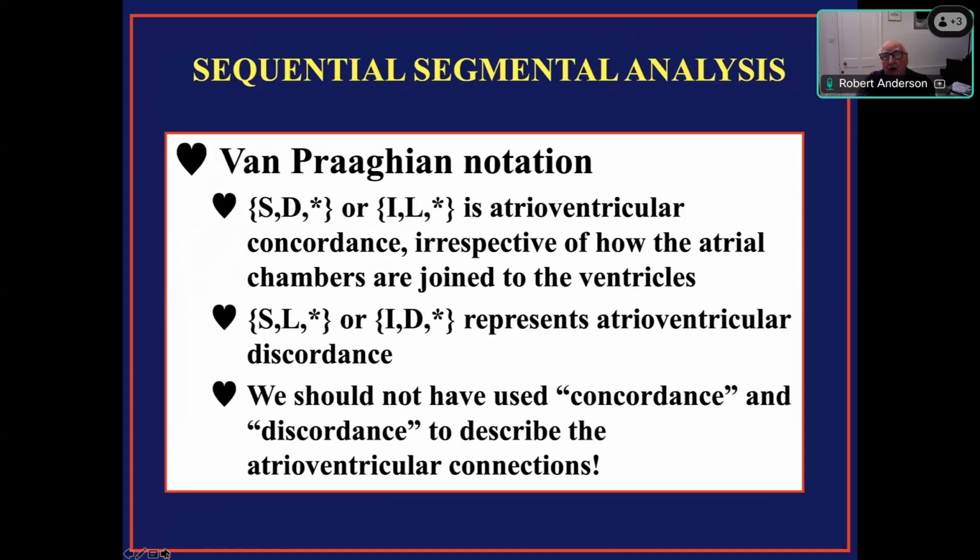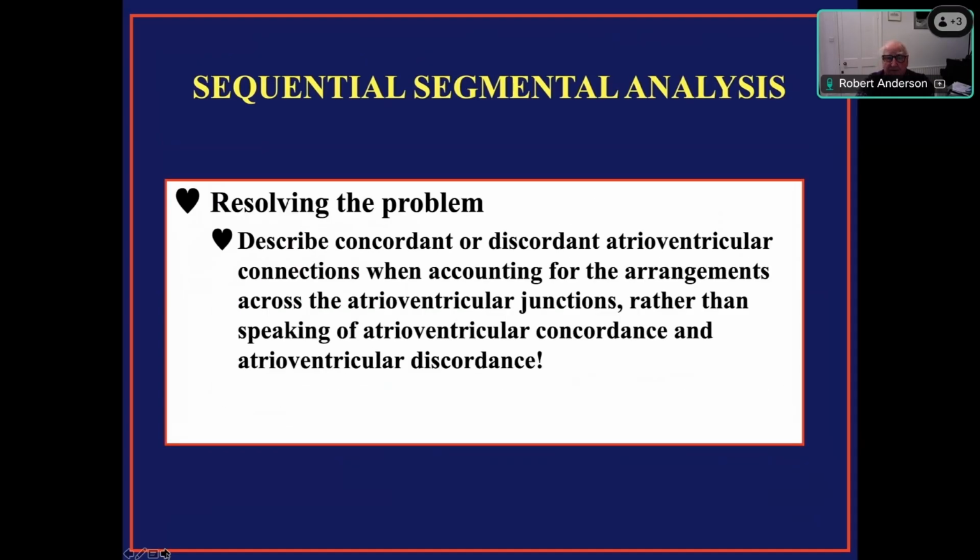So we should not have used those words concordance and discordance to describe specific atrioventricular connections. And that is why we had the huge schism that led to this difference between segmental and sequential segmental approaches.